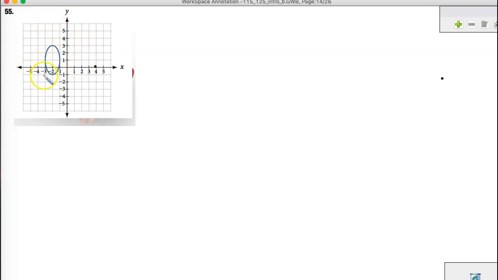Number 55 gives you a graph, and it asks you to determine if this graph is a one-to-one function. To be a one-to-one function, you have to be a function.